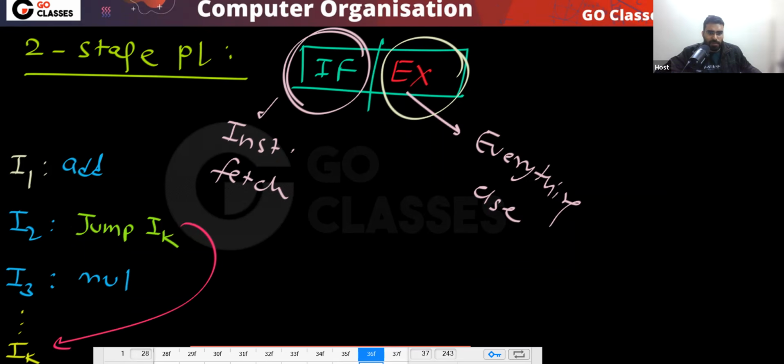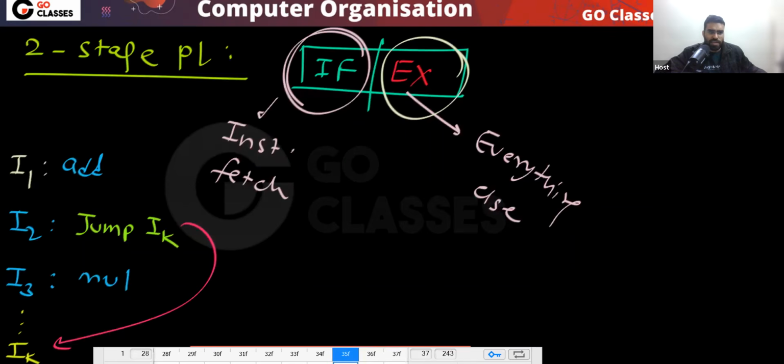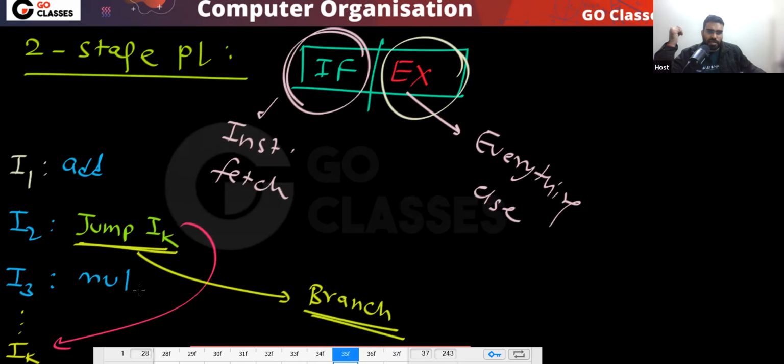Now you tell me a very simple, intuitive question. I2 is a branch instruction. This jump instruction is called a branch instruction. Is this conditional or unconditional? This is unconditional.